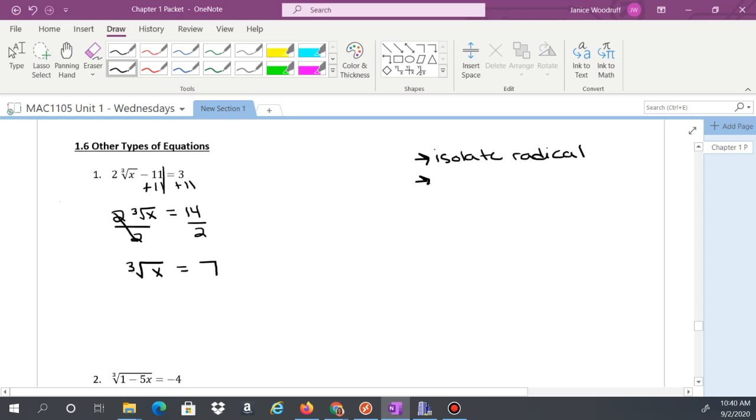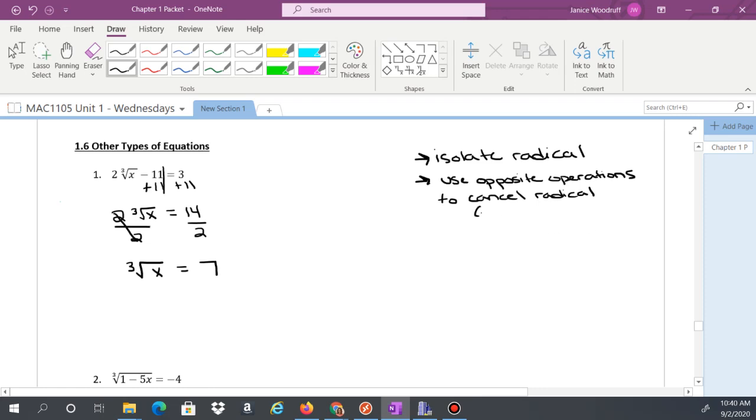Okay, so now what I want to do is undo the cube root. So I'm just going to use opposite operations to cancel the radical. The opposite of cube root would be to cube.